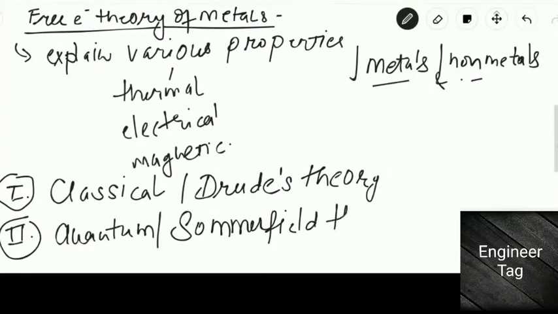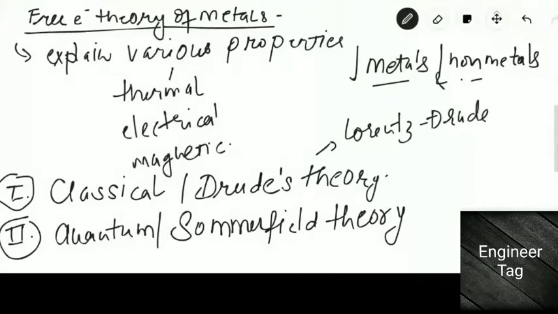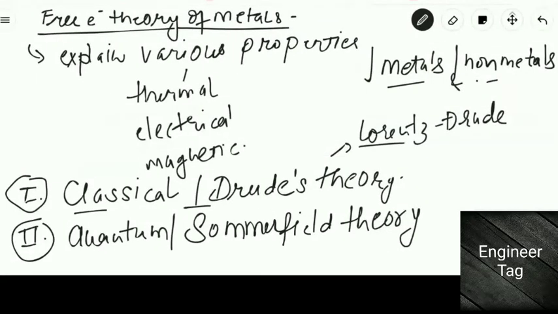There may be a question in your exam: explain your Drude's theory or Lorentz Drude theory or classical theory. So for these all three names, we have a single theory that is your classical theory.